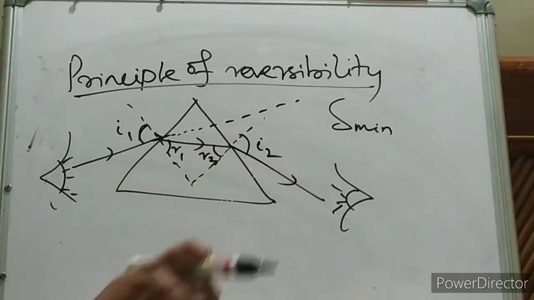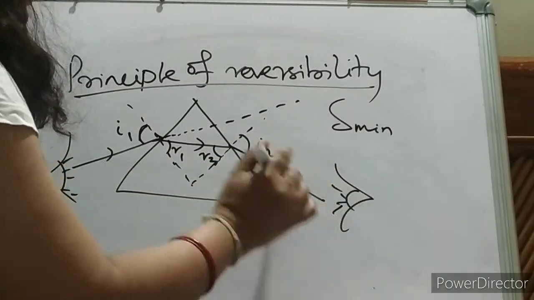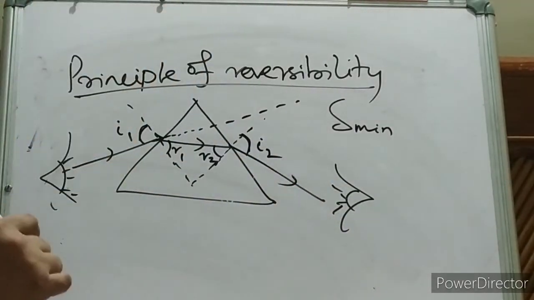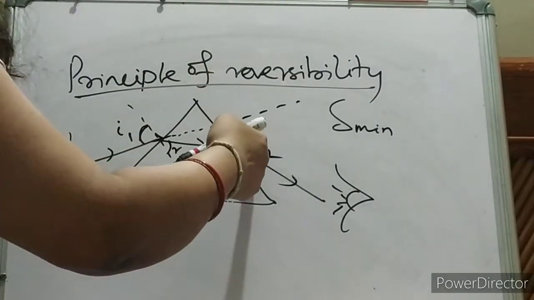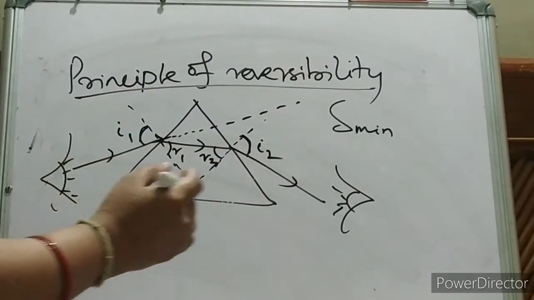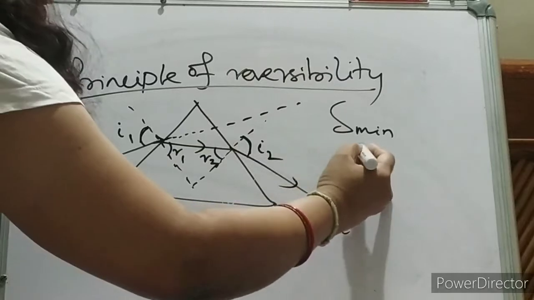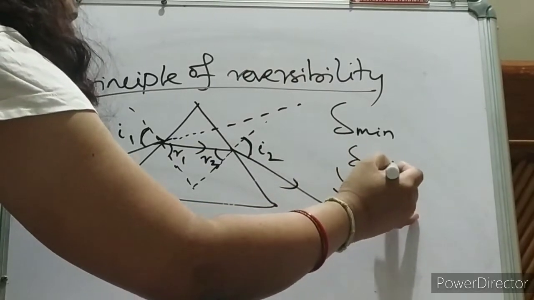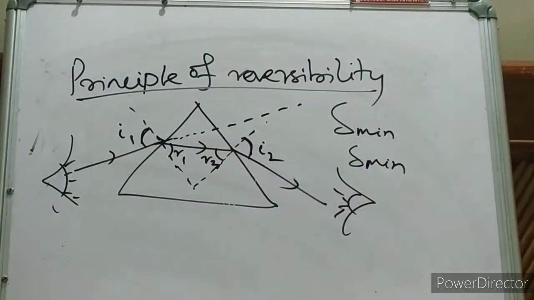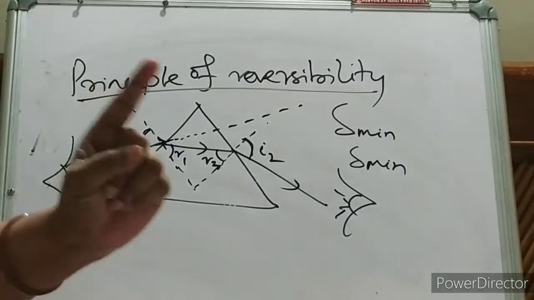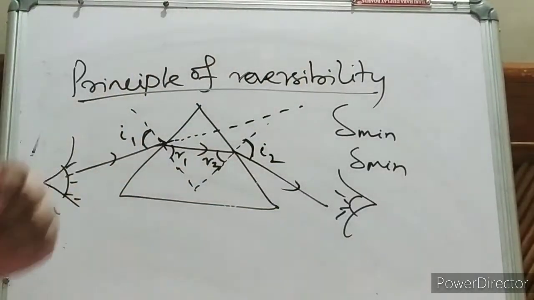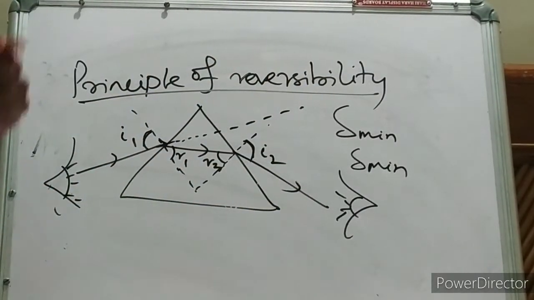That means for this person, this is your angle of incidence, and for this angle also there has to be one delta minimum. But what we have studied, only for one angle of incidence will there be delta minimum. So what does it mean?